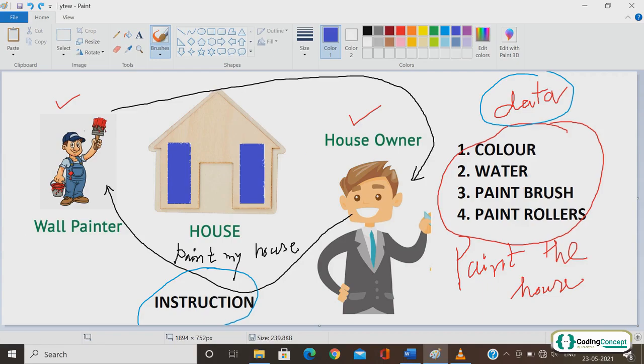So whatever language is understood by the wall painter, the same language must be used by the house owner to give instructions, and only then will the wall painter be able to understand the instructions. He will demand some data, and only then will the house be painted. That means the task will be performed.